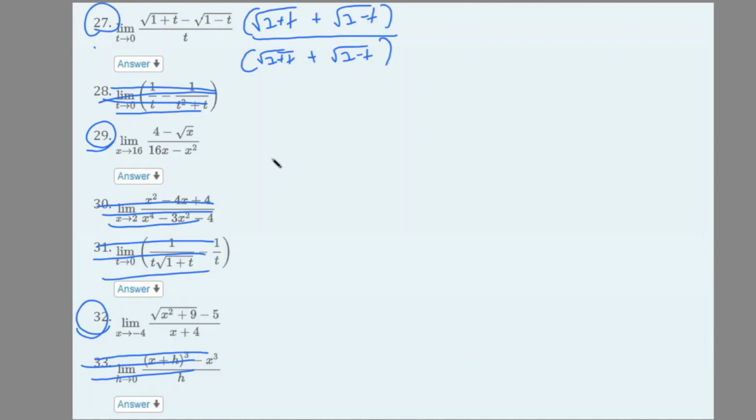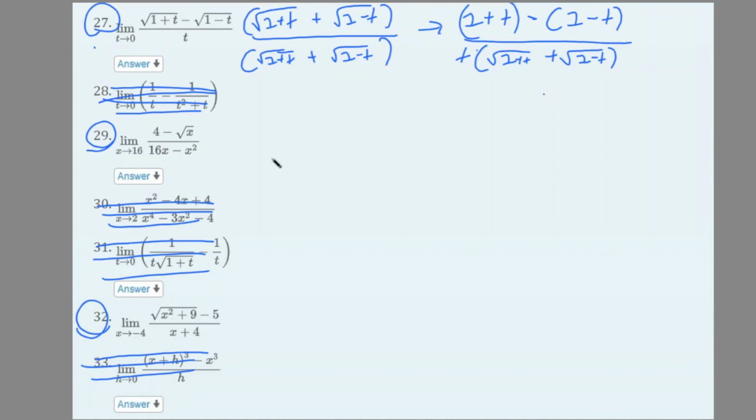If we multiply all that out, on the top we would have 1 plus t minus 1 minus t. And then on the bottom we would have just t times parentheses, square root 1 plus t plus square root 1 minus t, and then close parentheses.